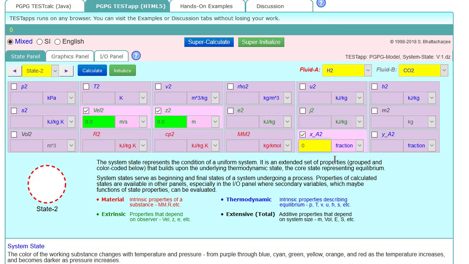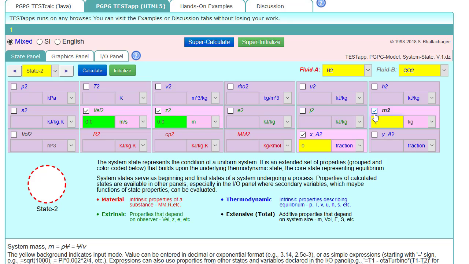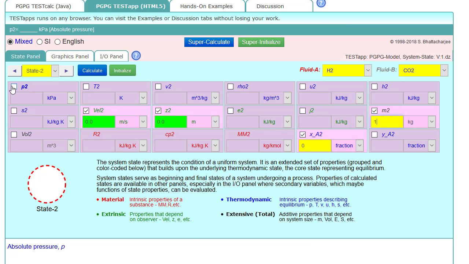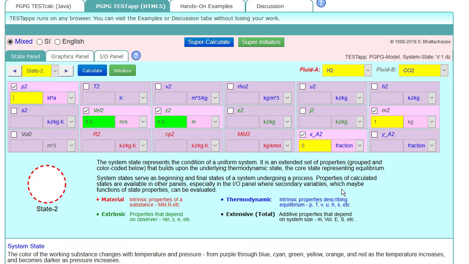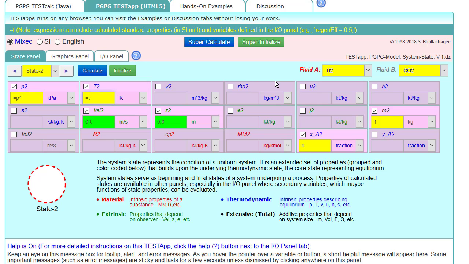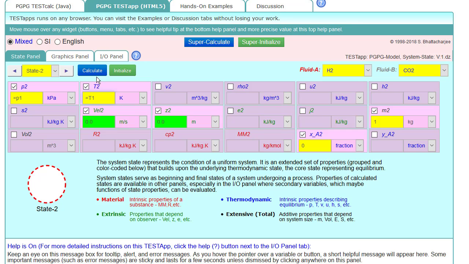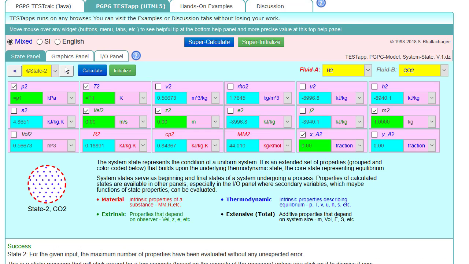So the mass fraction of fluid A will be 0, showing that it's pure CO2. Again, the mass is 1 kilogram. And then it says it's the same pressure and temperature. So we could either type in 100 kPa and 300 Kelvin again, but it's easier to just change it to equals P1 and equals T1. And then that's all of our information we need.